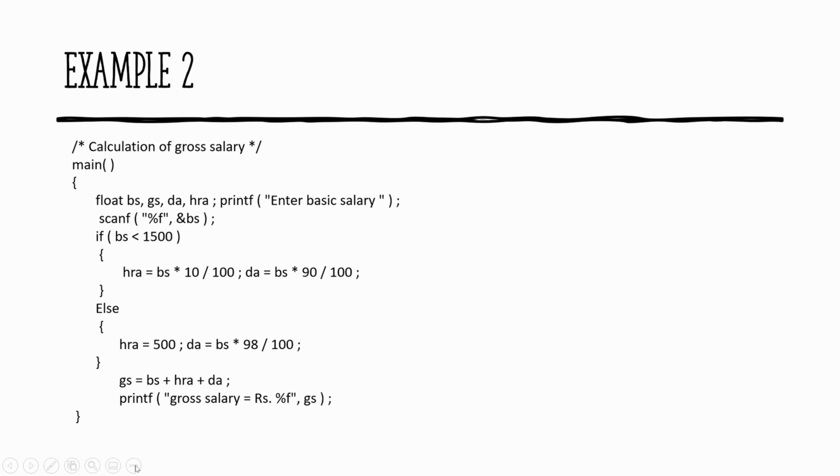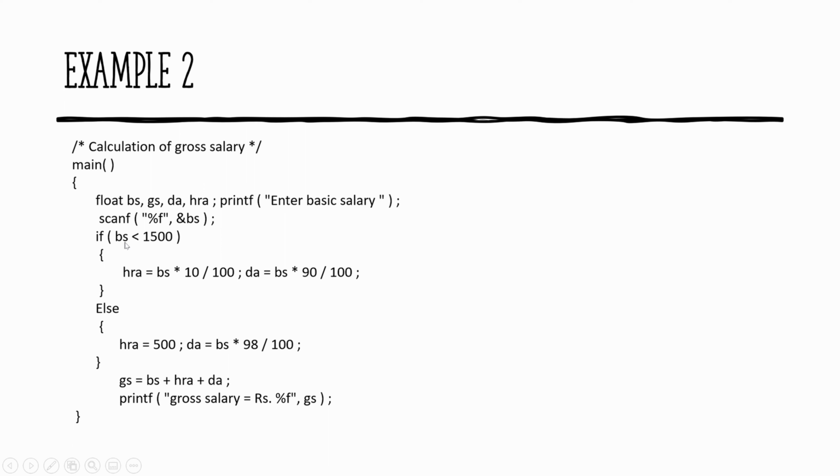Coming to the if block, if bs is less than 1500, then an arithmetic operation is carried out, which is two statements. As you can see here, hra is one statement and da is another statement. And coming to the else block, here HRA is one arithmetic expression, and DA is another arithmetic expression.